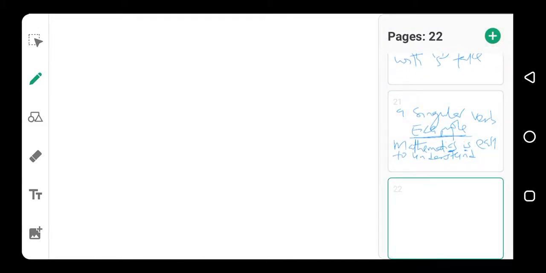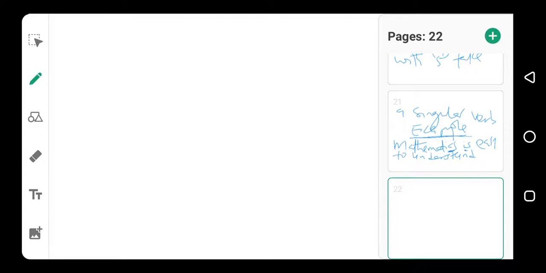The next rule is that for sentences that start with a lot of, all of, and some of, the verb agrees with the number of the subjects.